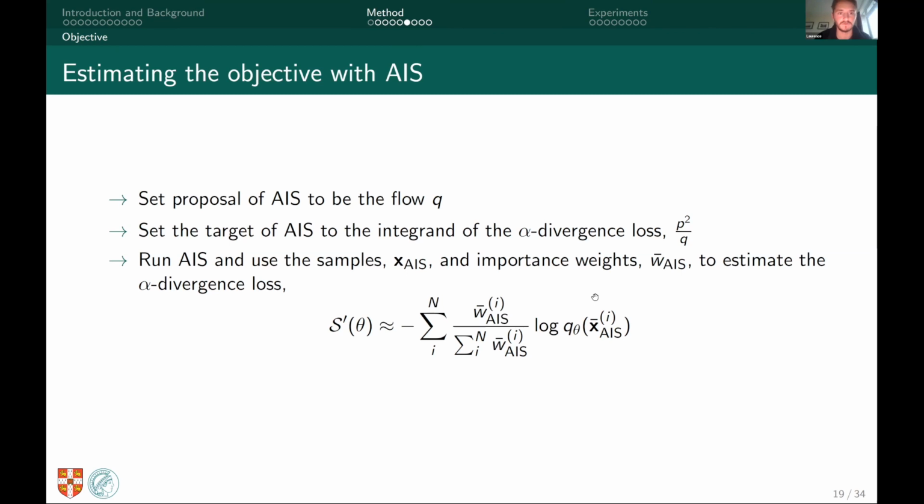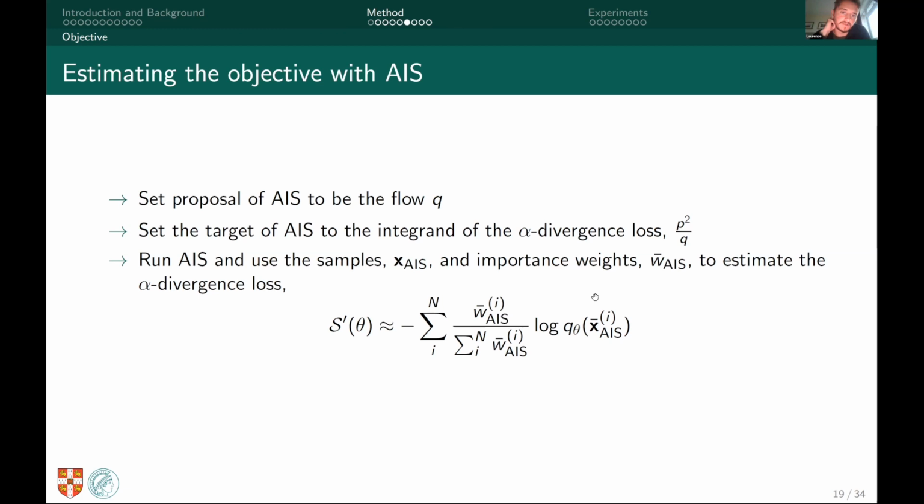And that recurs, where at each stage the base distribution of our annealed importance sampling gets better, which then helps us find the important regions in the target to update our flow with, and then we update the flow again. So that's the key part of the flow annealed importance sampling bootstrap.